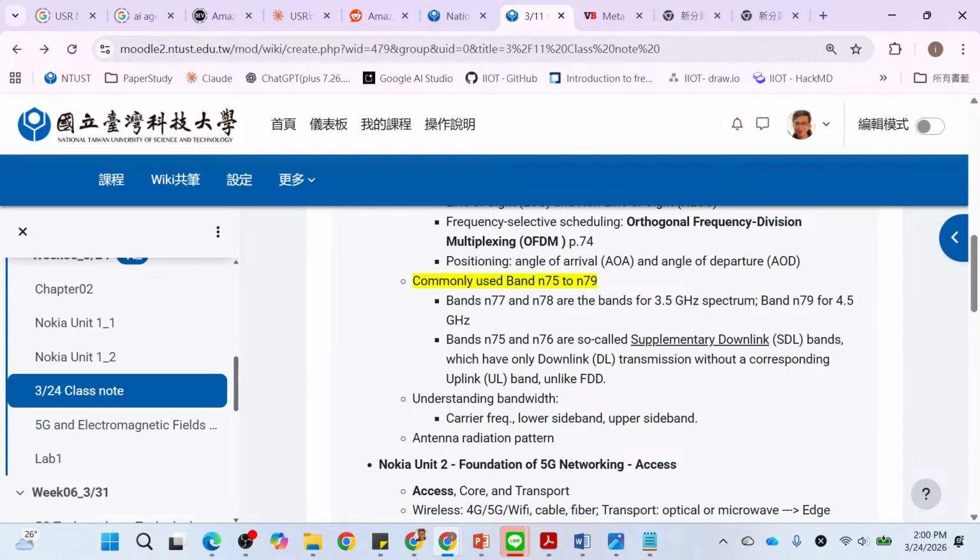So also some ideas for bandwidth are a carrier frequency in the lower sideband and upper sideband, and antenna radiation patterns.